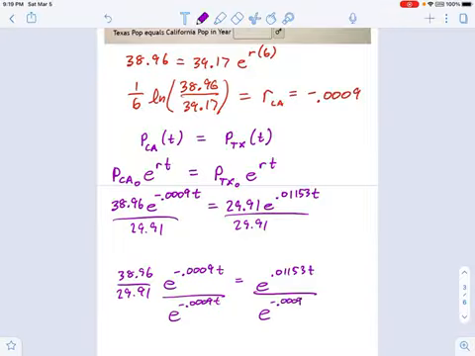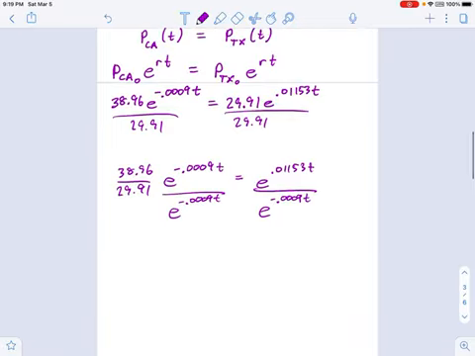Okay, we're going to get all my e's over on one side. You might remember this from how we set up the theory of exponential equations a while ago. So what happens? Obviously, the left side cancels out kind of nicely, and I just get 38.96 divided by 29.91. On the right side of the equation, it's the same exponential, e.